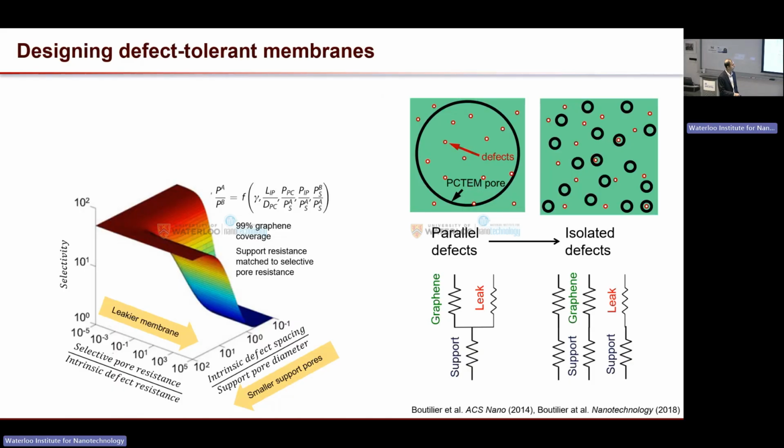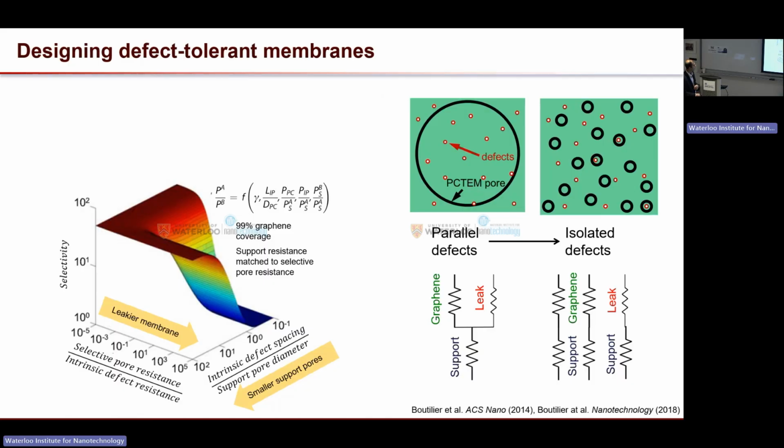Now you can pick a large enough support resistance that it blocks the leakage while allowing flow through the graphene. Because the defects are a very small areal fraction, usually less than 1%, this strategy can work quite well, and we can model it and see that we can get good selectivity, and it's governed by these two dimensionless parameters.